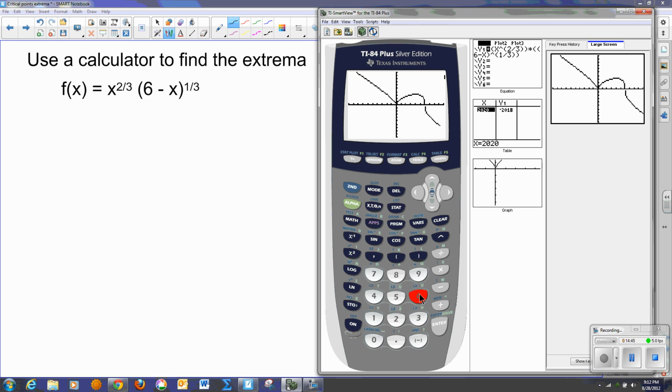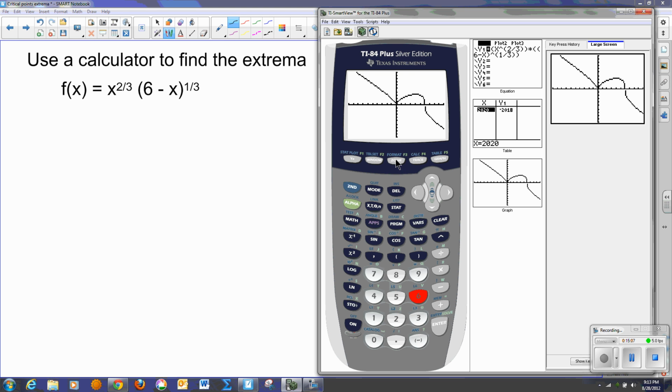All right. Now, it's very difficult to find critical points that are at certain instances where it comes to a point. Let me show you what I'm talking about.